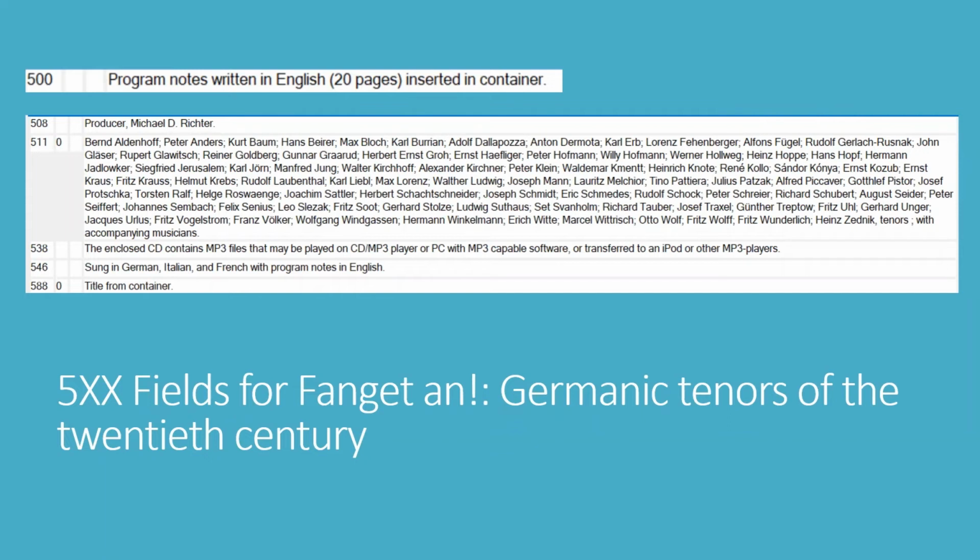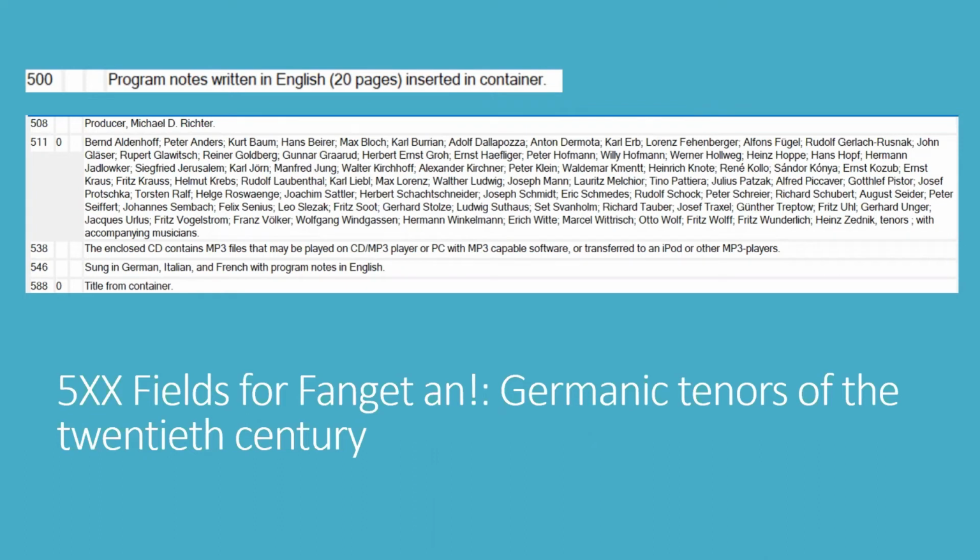The 500 general note informs us that the program notes are written in English. It's 20 pages long, and it's inserted in the container. The 508 field, Creation Production Credits note, records Michael D. Richter as producer. The 511 field, Participant or Performer note, lists all the tenors. The 538 field, System Details note, gives us specific information on how to listen to the opera.